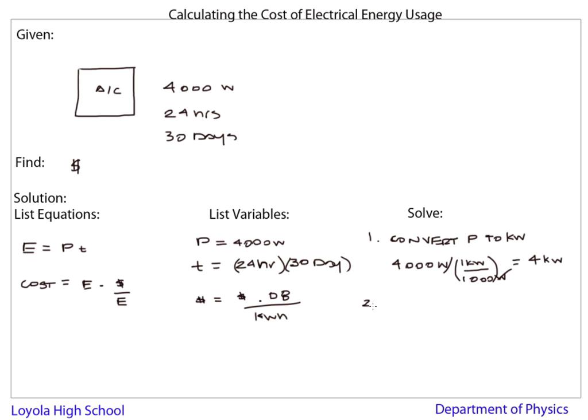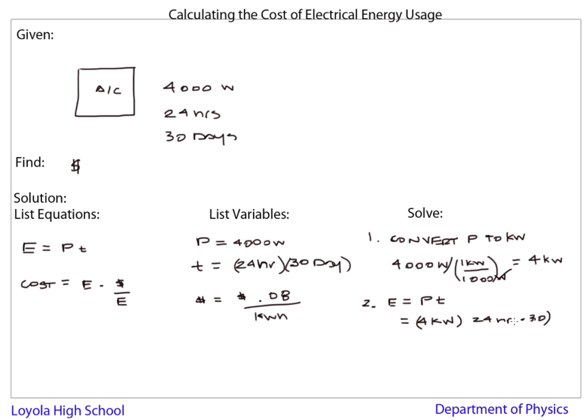Step 2, we're going to basically use the energy equals power times time equation to figure out how much energy we use in this 1 month time frame. 4 kilowatts. And the time that the electric company uses is in hours. Again, it's just a little more convenient unit than seconds that we used before. So this is going to be 24 hours times 30, because we're going to do it for a 30-day month.